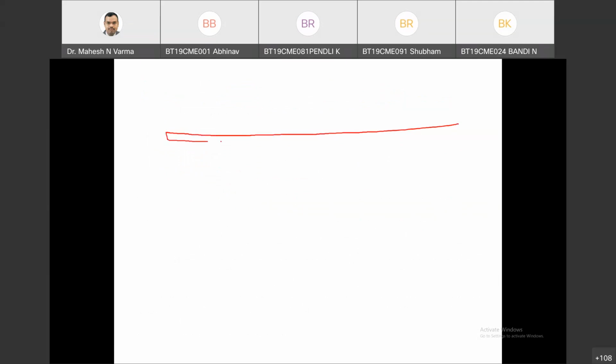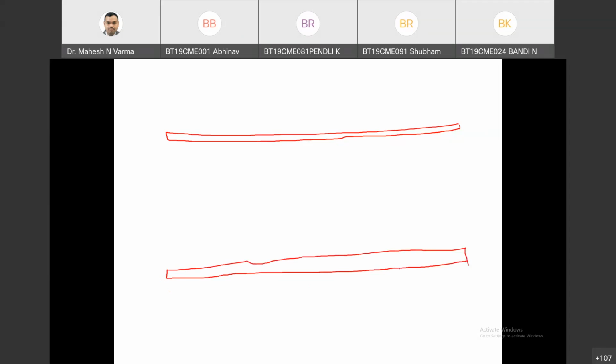This is the upper parallel plate, and this is the lower parallel plate. What is the distance between these two parallel plates, Bandi? 2b, sir.